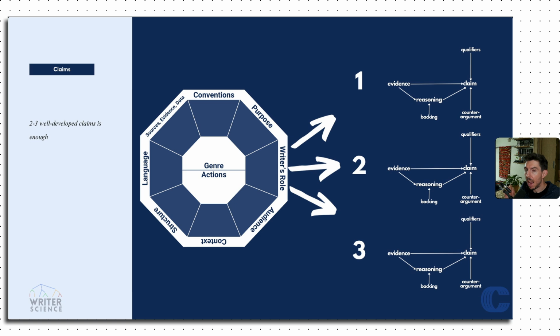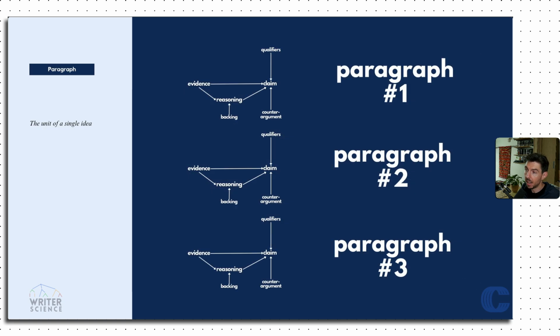And so we have now moved from your analysis to hopefully 2 or 3 claims. You want to develop 2 or 3 of these, which are basically your points, your main ideas. And once you have that, you now have the stuff of 3 paragraphs.